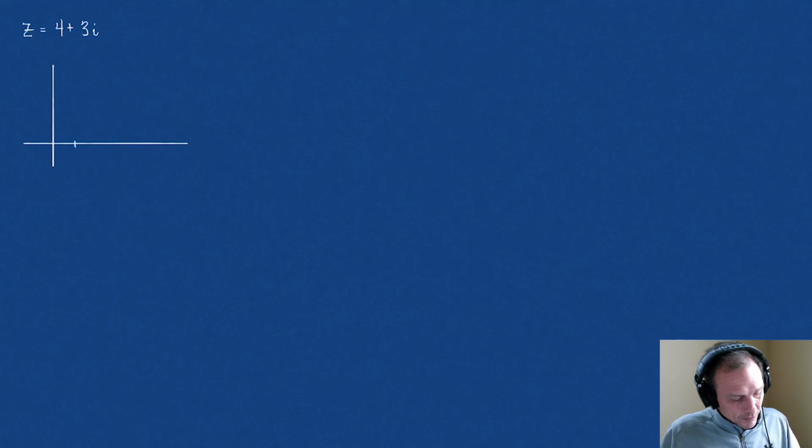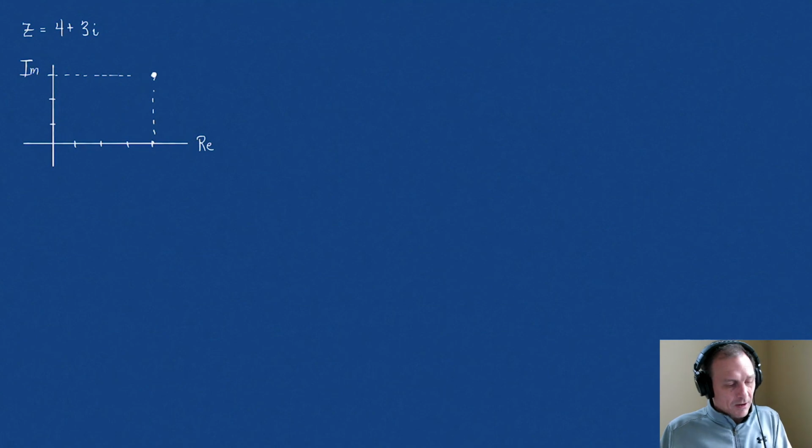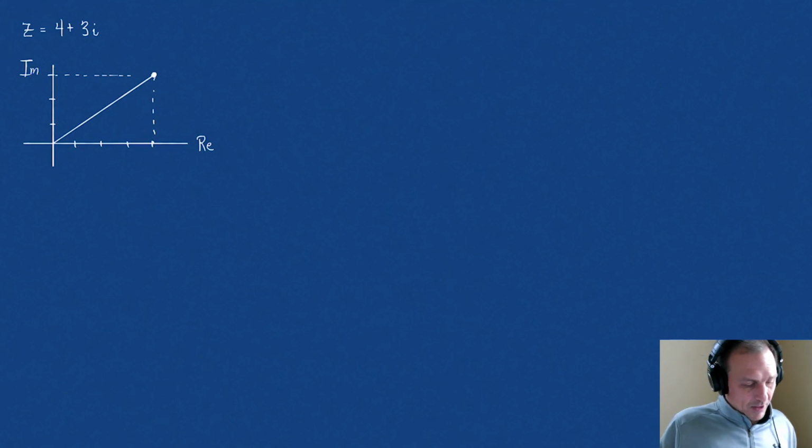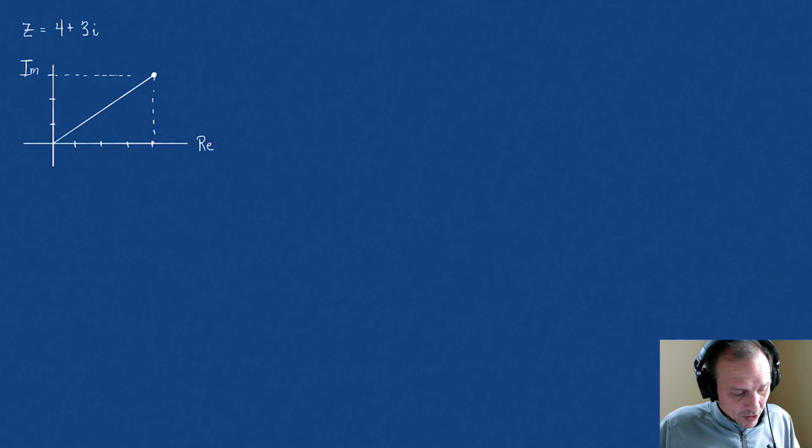Here's my real component, there's my imaginary component. If I went over 4 and then up 3, it looks like I would land right there. And there is my angle. So this is z, 4 plus 3i.